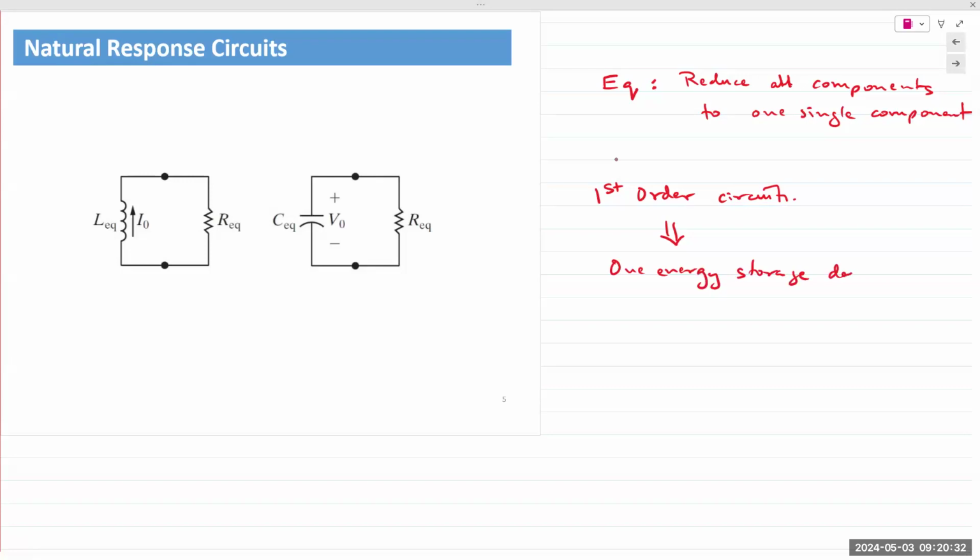Now, physically, these devices could be 10 or 100, but electrically speaking, if you can replace them with one single equivalent inductor or component, then it's still a first order circuit.